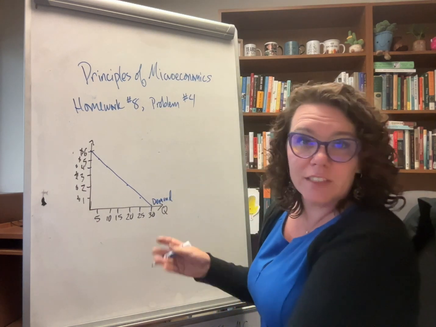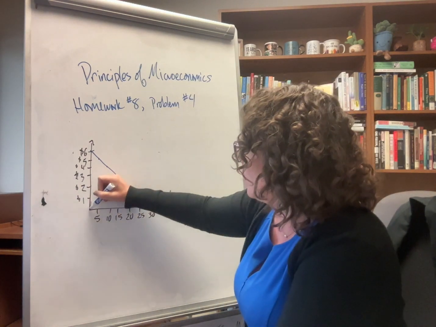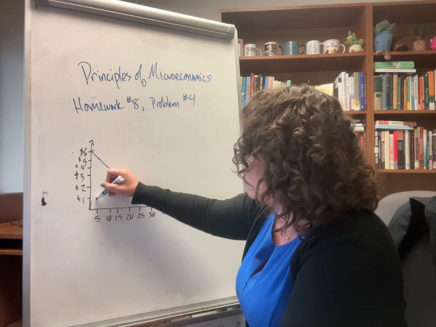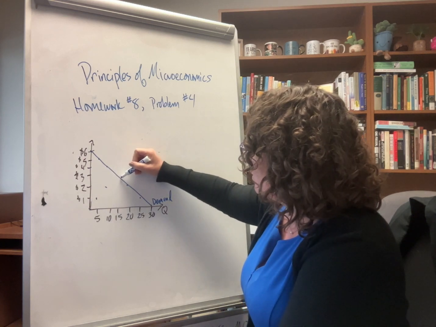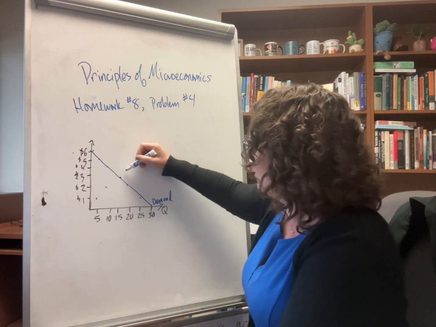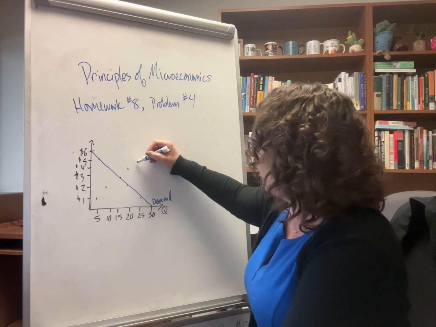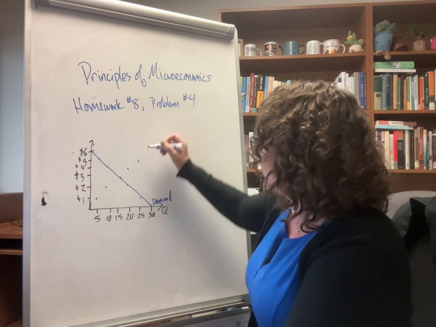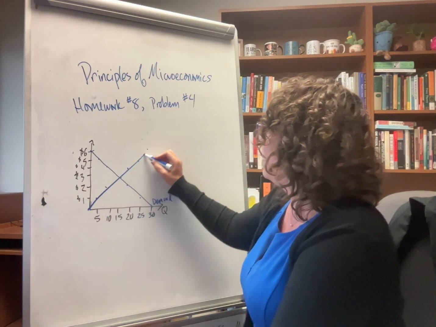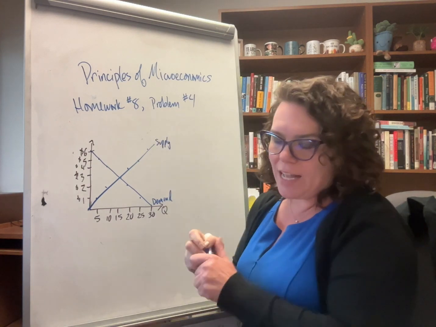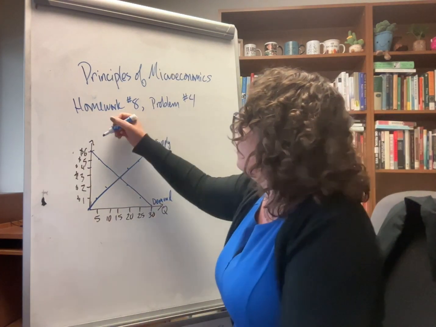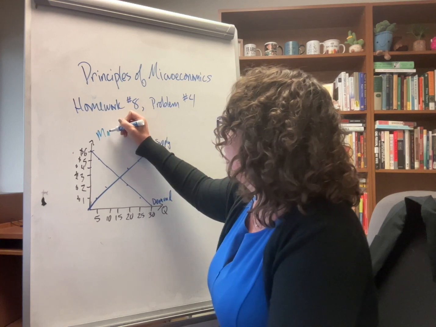And our supply curve is going to be the inverse of that, starting here with 0 at $0, and then $1, 5 gallons, $2, 10. Our equilibrium is going to be 3 and 15. Then we go to 4 and 20, 5 and 25, and finally 6 and 30, giving us an upward sloping supply curve. And so that's going to be the market for gas in this community.